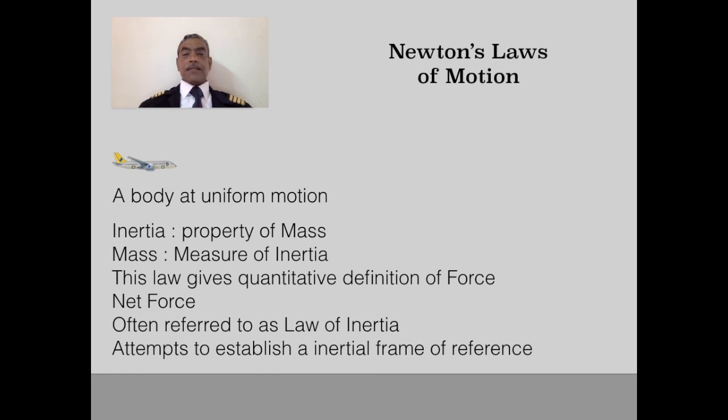Mass is the measure of inertia. The more the mass, the more the inertia: if a body has a bigger mass staying at rest, it will require more force. So that's the measure of inertia. This law gives the quantitative definition of force, that is the net force. So it is often referred to as the law of inertia.